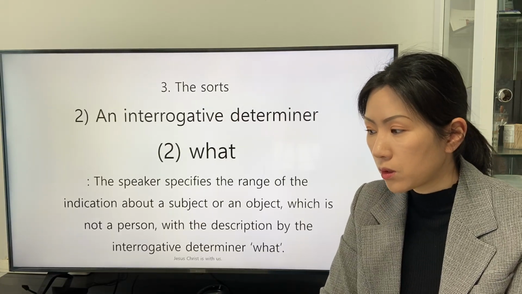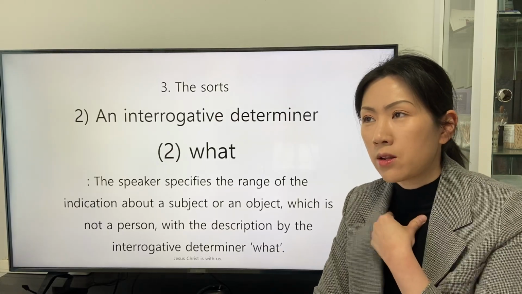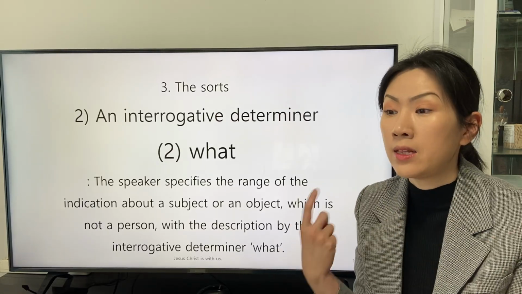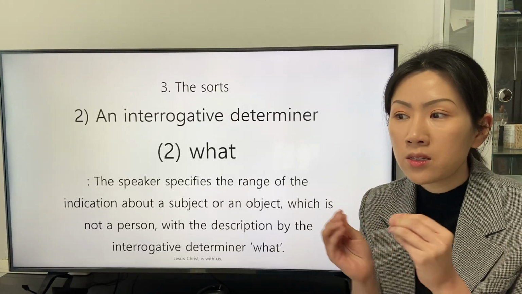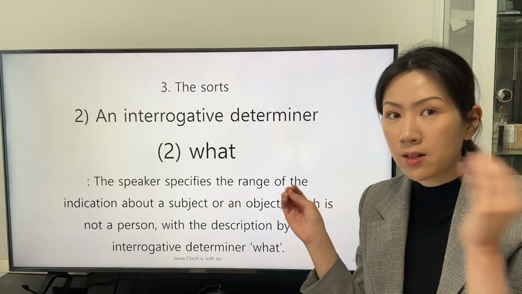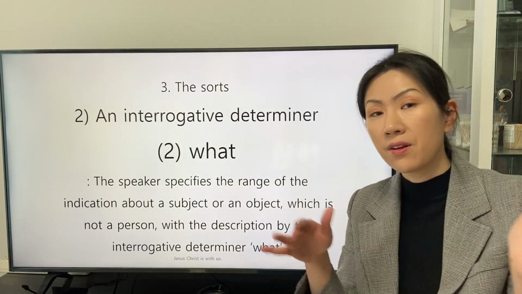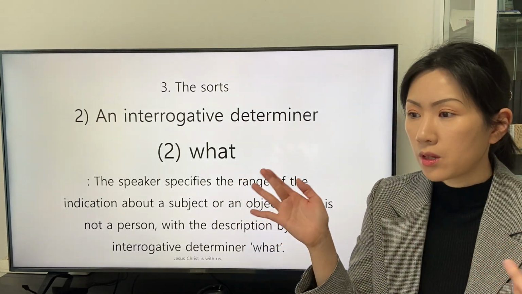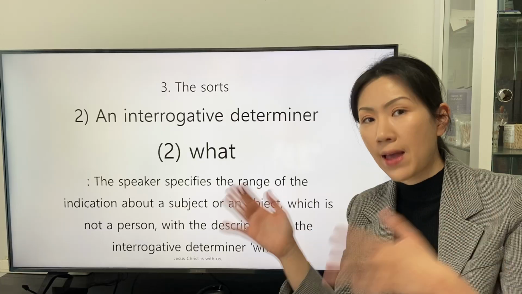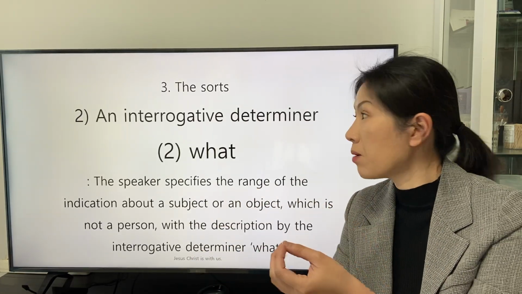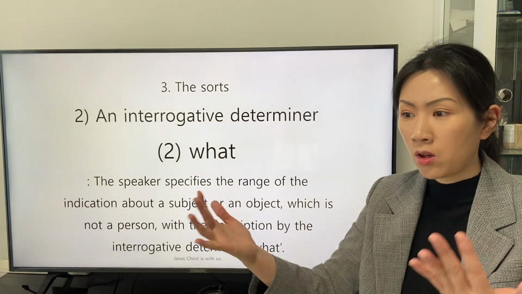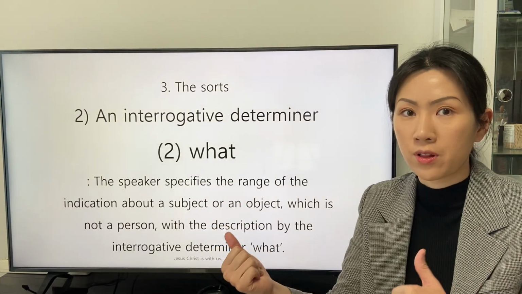So we can understand that the premise to apply the interrogative pronoun what to indicate a subject or an object that is not a person is still valid in applying the determiner what in an interrogative clause.